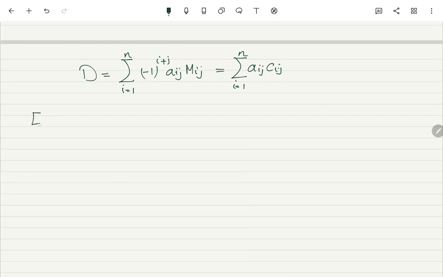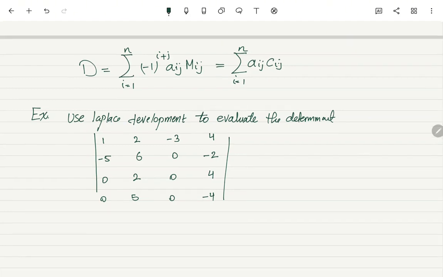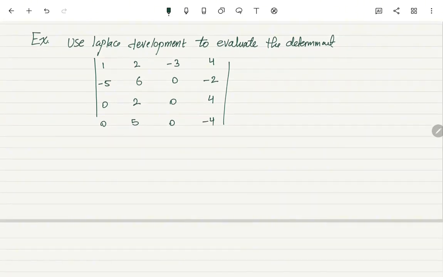Example: use Laplace development to evaluate the determinant, this one here, and this one's a 4 by 4 determinant. Now to use Laplace development, D will be equal to minus 1.